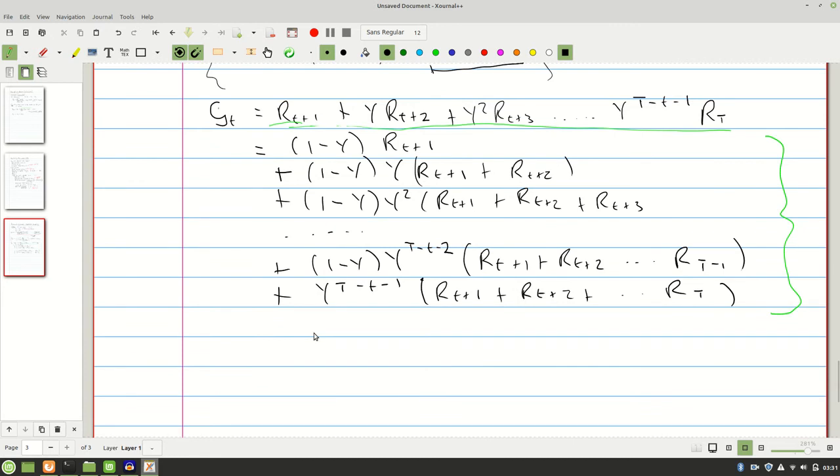So now we define something that we call flat partial returns.